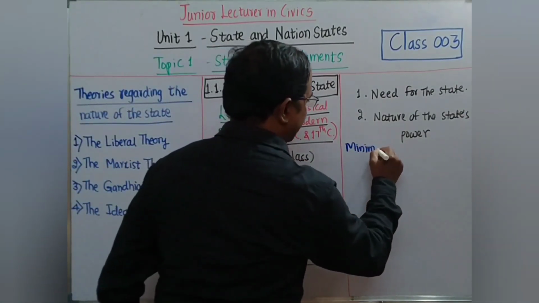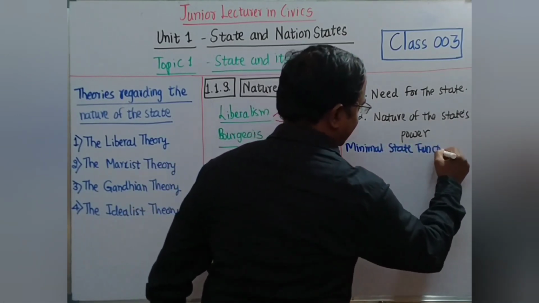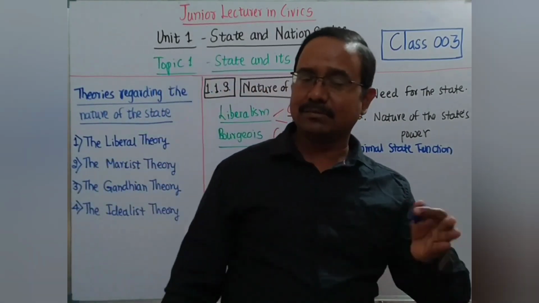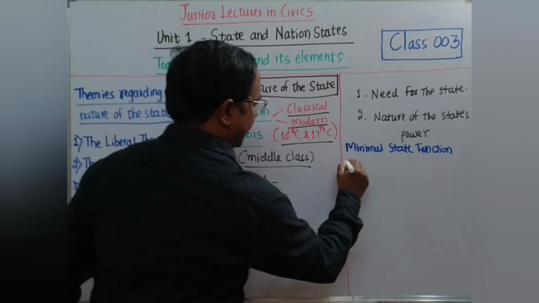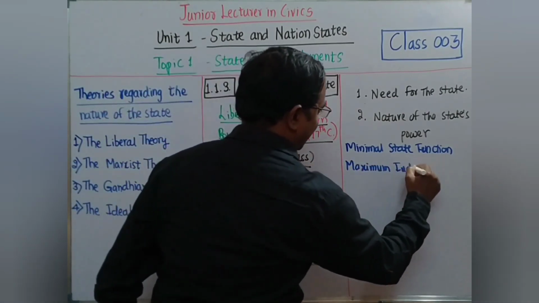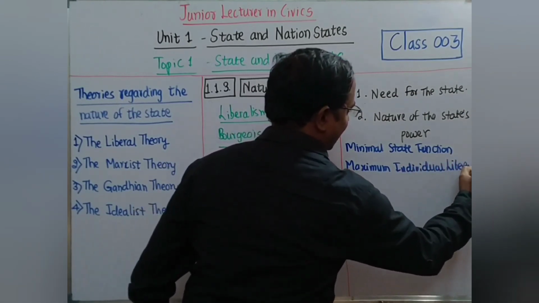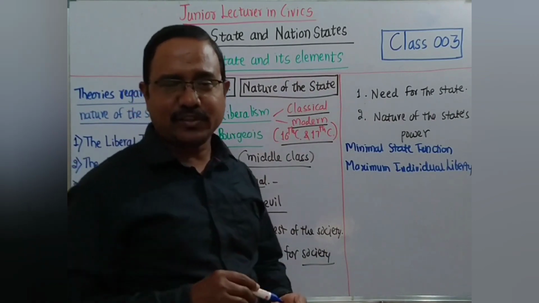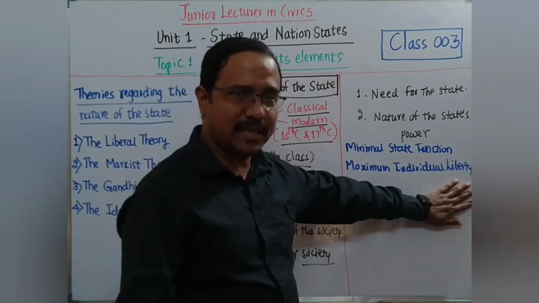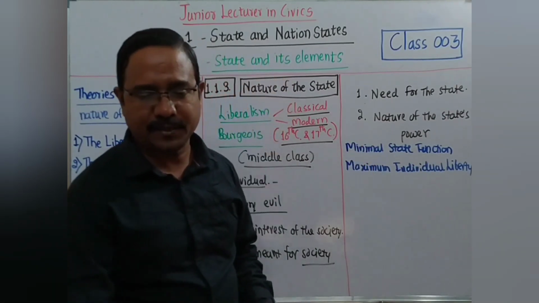That means the state has to do minimum things only, and maximum individual liberty. That means the liberty and the rights of the individual are given more prominence. Maximum individual liberty is given, and the state is given minimal functions only.